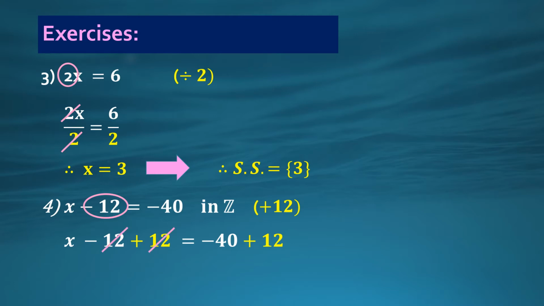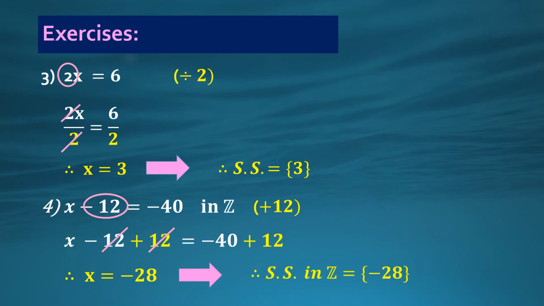And we will cancel 12 with 12 to get x in the left side, and the right side here will be equal negative 28 because negative 40 plus 12 equals negative 28. And the solution set here will be equal the set of negative 28.